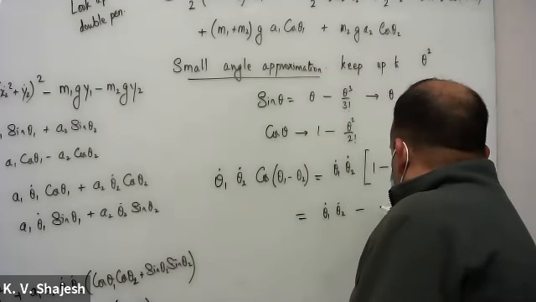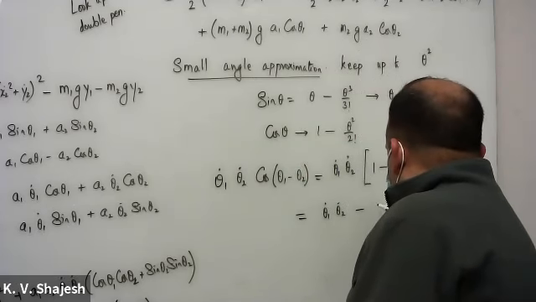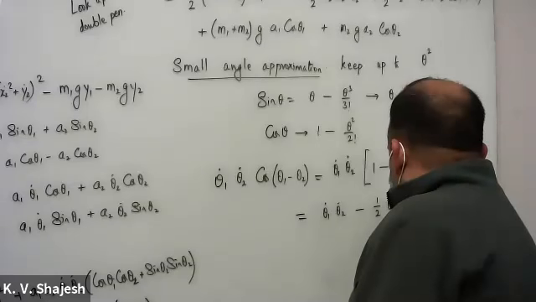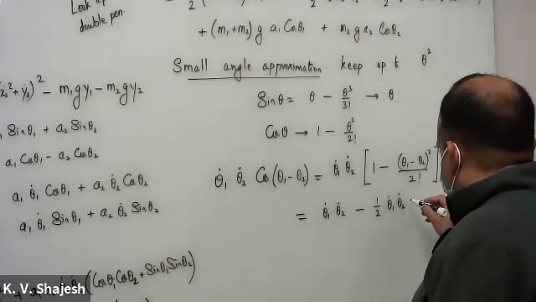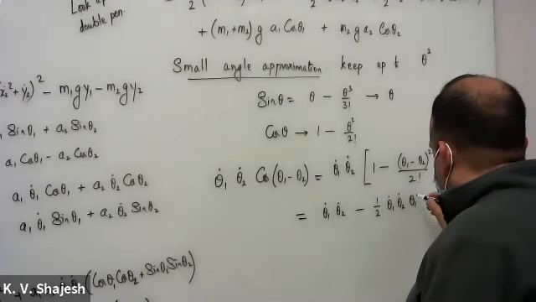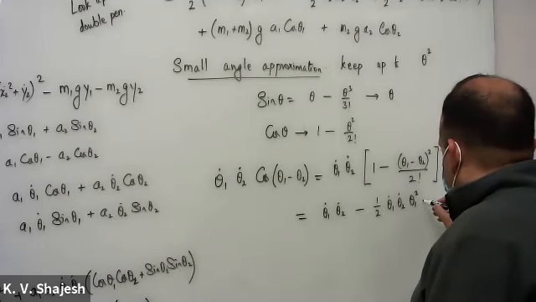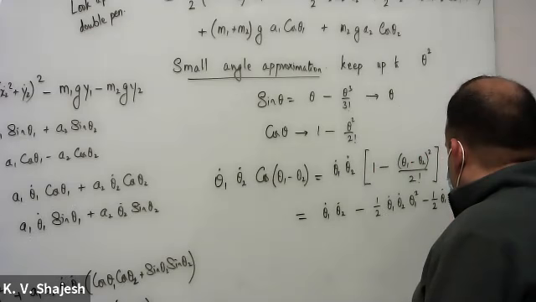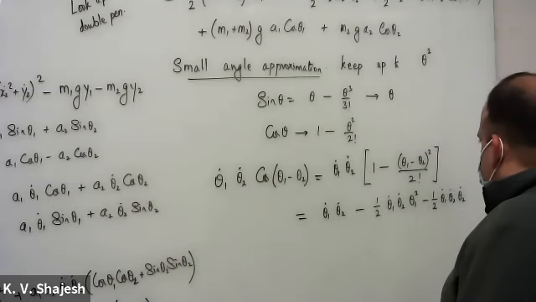So it's 1 over 2 theta 1 dot, theta 2 dot, and theta 1 square. And that is minus half theta 1 dot, theta 2 dot, theta 2 square.